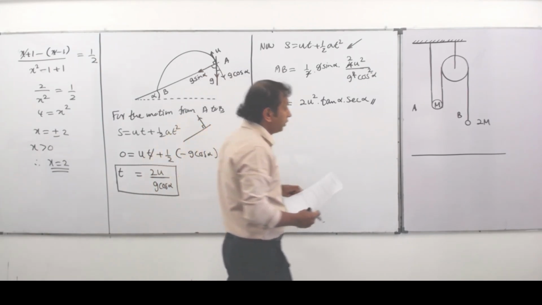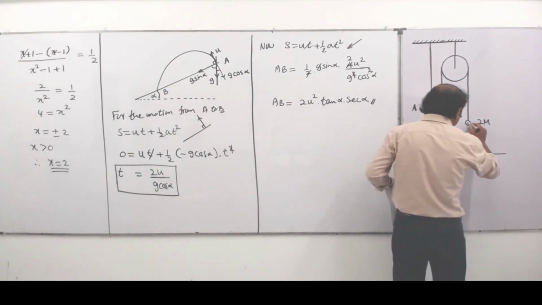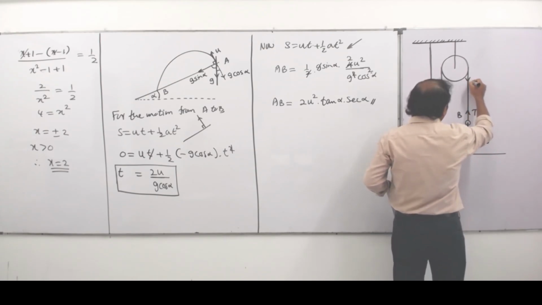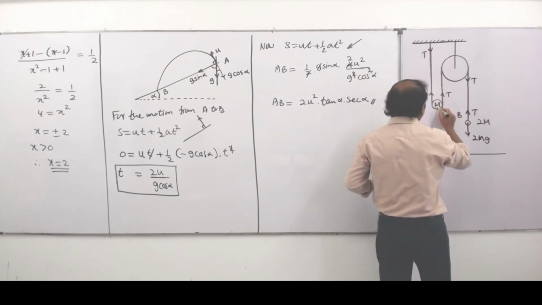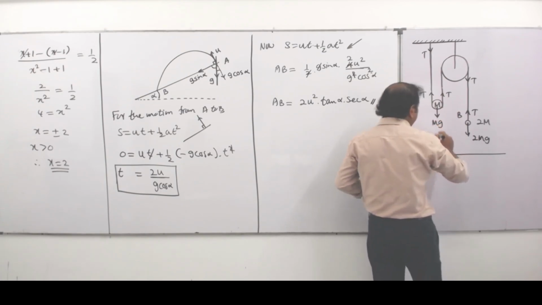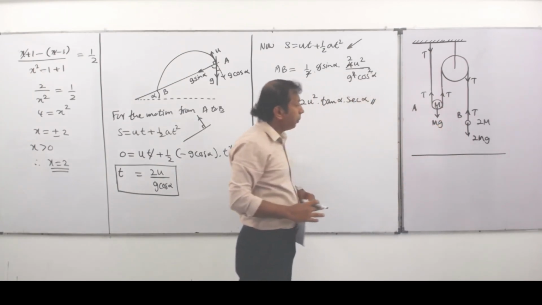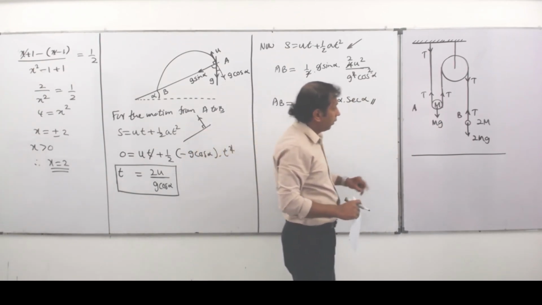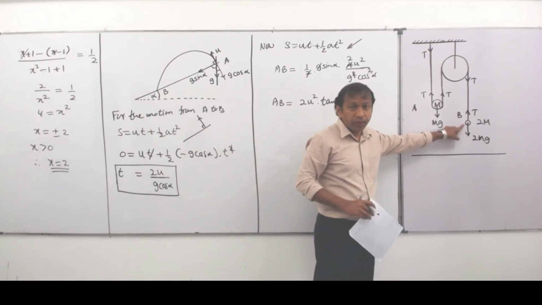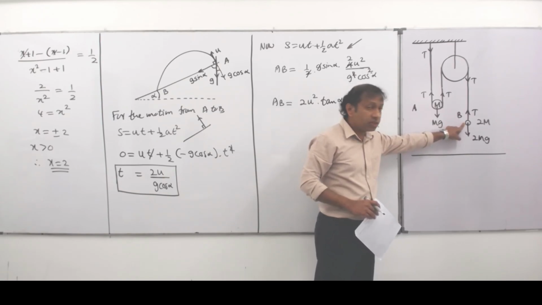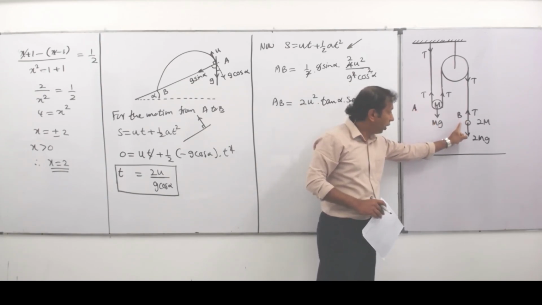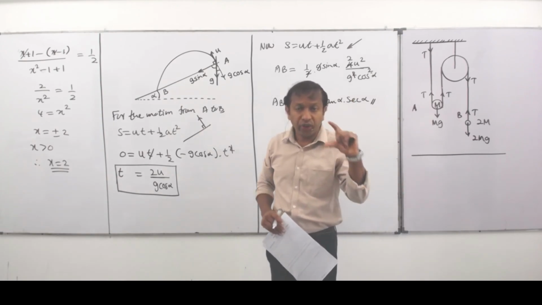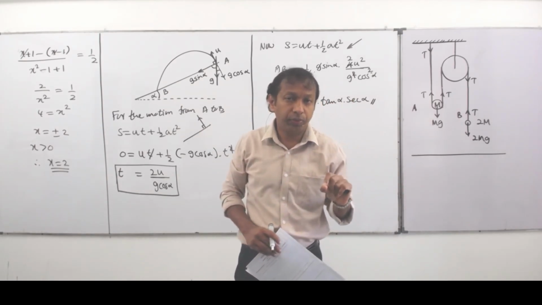Then first, when we mark the forces, here 2mg, tension T here, tension T here, tension T here, and this is mg. In this case, we can really prove mathematically the distance B moves. Suppose, for instance, B moves downward 1 meter in a certain time interval.